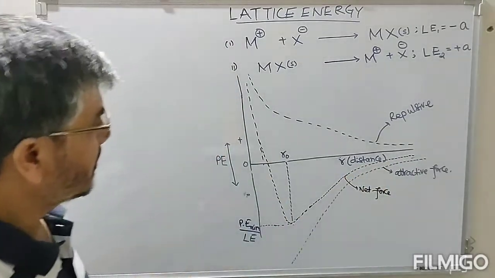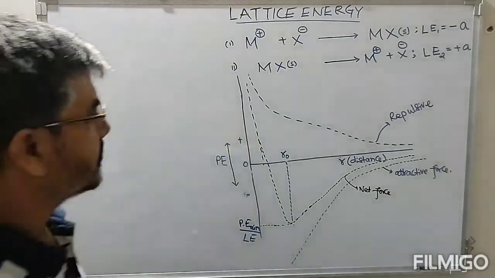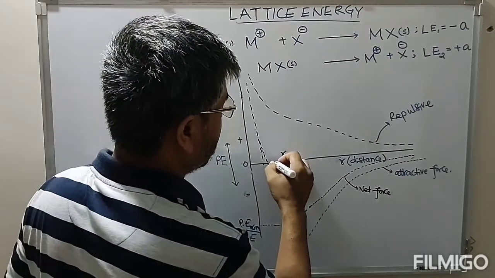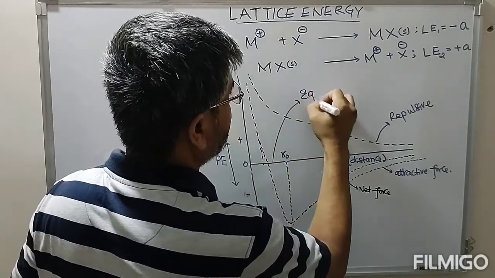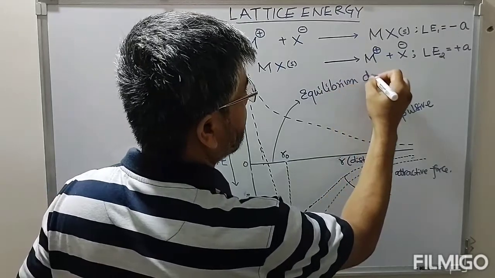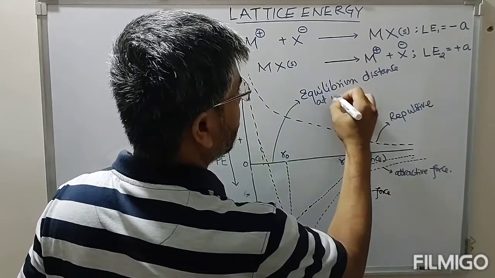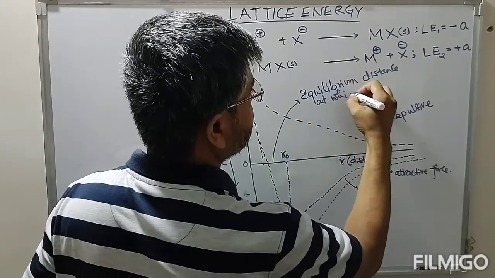Beyond this point, the repulsive force dominates over the attractive force. So this particular distance, that is the equilibrium distance, is where bond formation takes place.